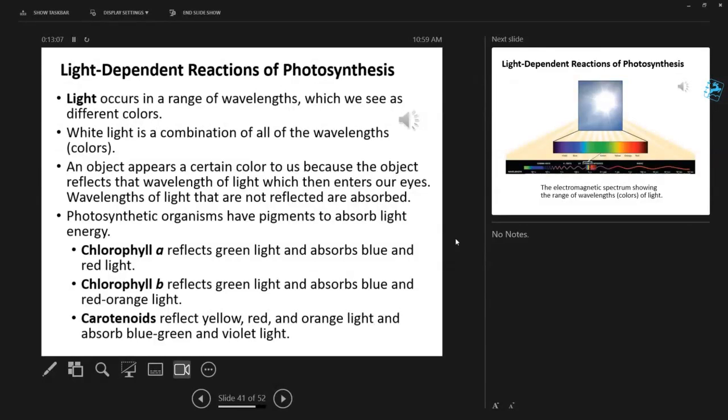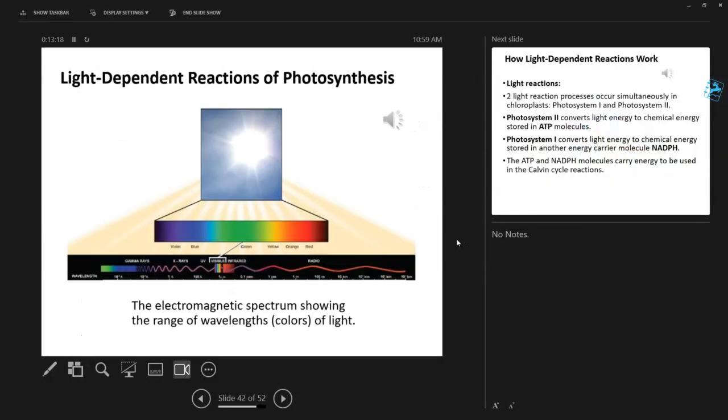Light is electromagnetic radiation, and electromagnetic radiation includes radio waves, infrared, visible light, ultraviolet, X-rays, and gamma rays. They're all the same thing. Electromagnetic radiation just means waves of energy moving through space.